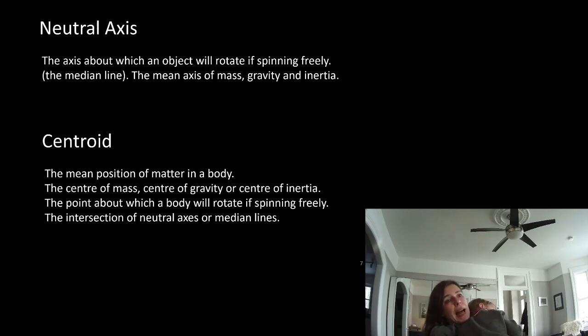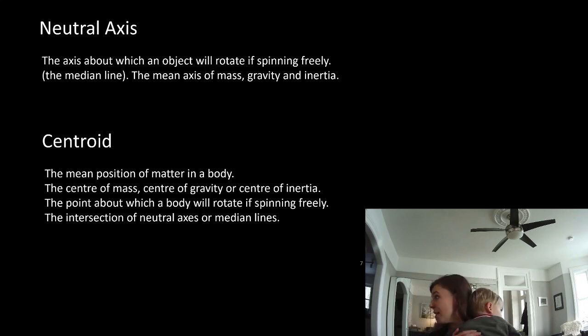So the neutral axis is the axis about which an object will rotate if spinning freely, or the median line. The mean axes of mass, gravity, or inertia, if you will. So if you were spinning in space, or for anyone who watched Gravity, you know that there's a point that you might spin about. The centroid is that point in a body.